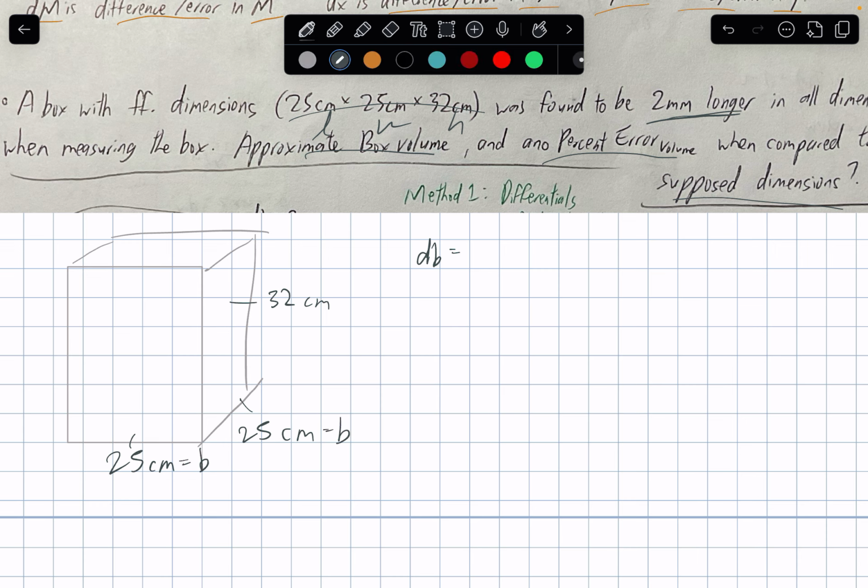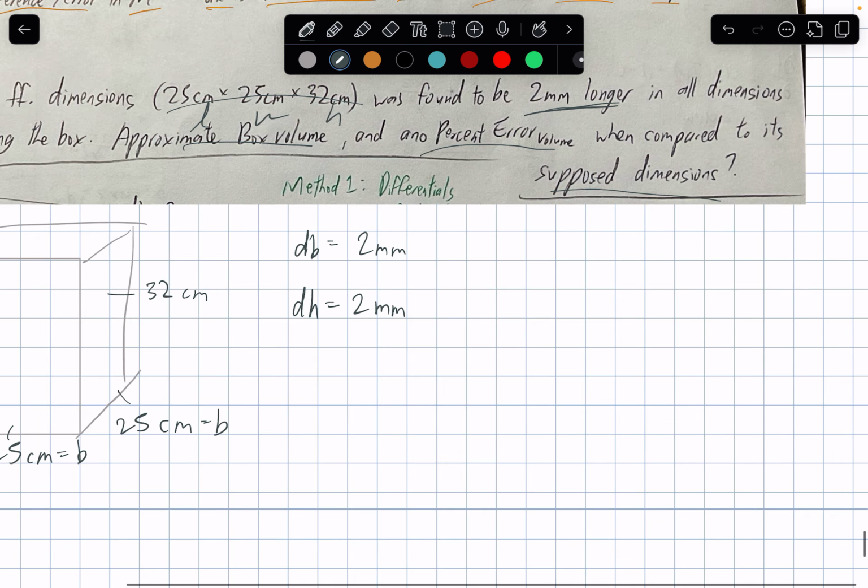So the increment in the b is 2 millimeters, and the increment in the height is also 2 millimeters. So let's solve first using the total differentials method. So method 1.